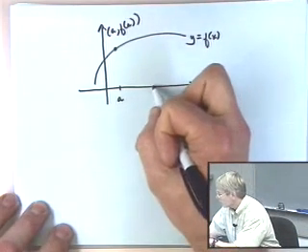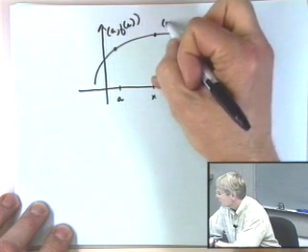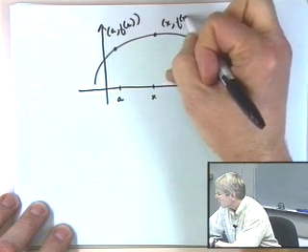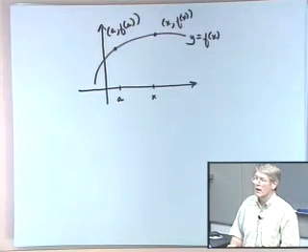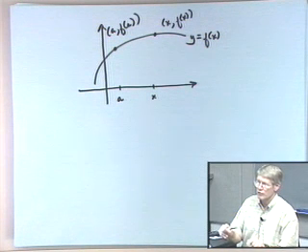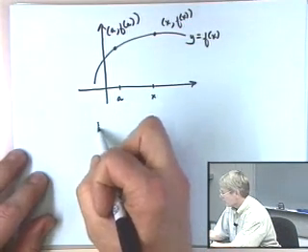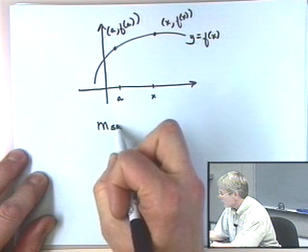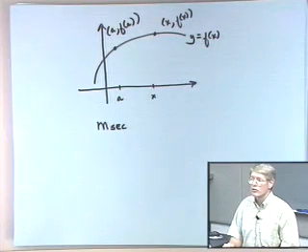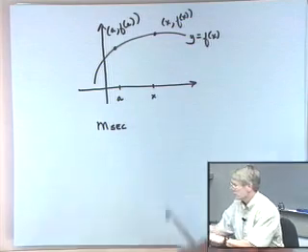And I'm going to come over here to another point, and I'm going to call that the point (x, f of x). Both of those are points on the original function. First of all, I know this isn't what we want to finish with, but let's start with the slope of the secant line that contains these 2 points.